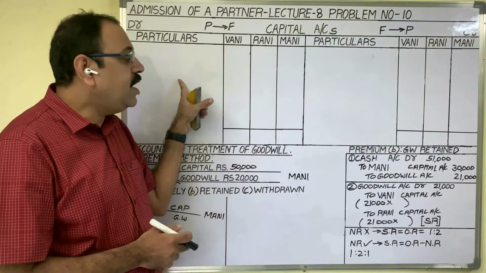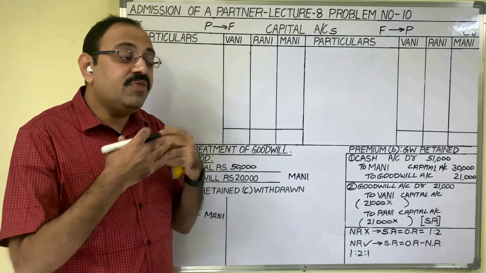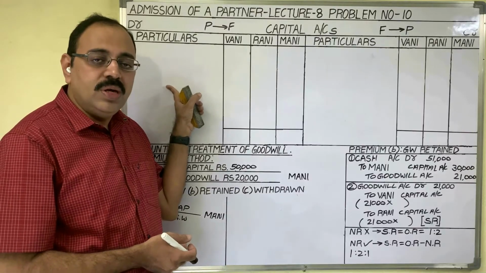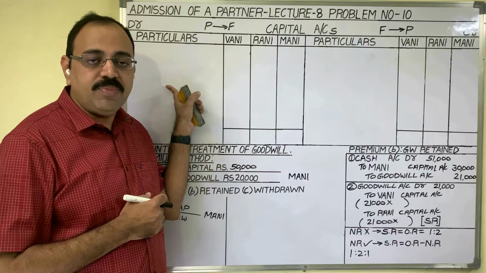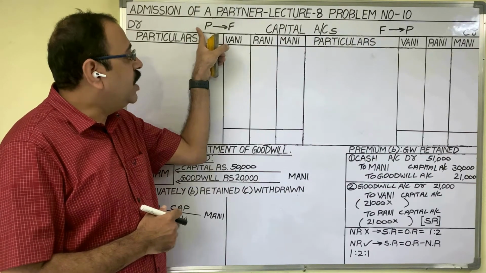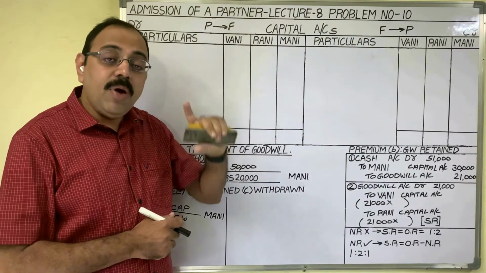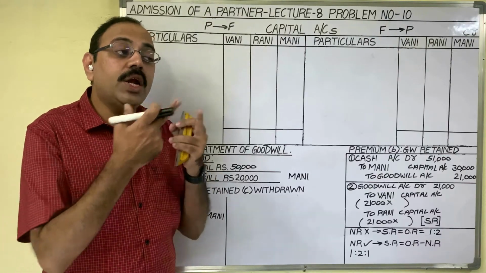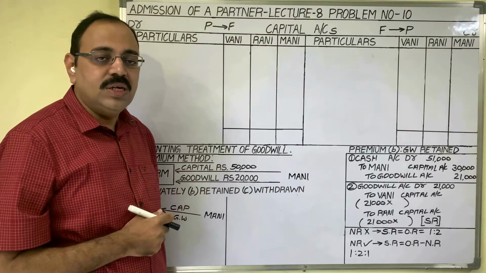It means if the partner is receiving some benefit from the firm, that amount we should show on the debit side. In other words, as the partner has received some benefit from the firm, if the partner is retiring, the partner should return that amount to the firm. So, at the time of retirement, the amounts which a partner should return to the firm, we show on the debit side of capital accounts.